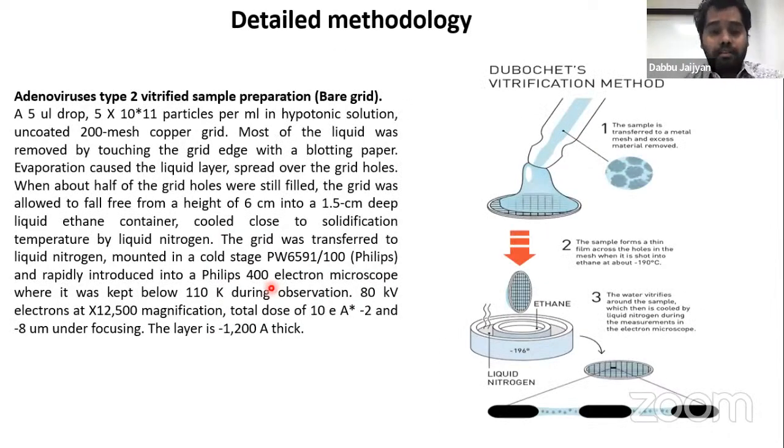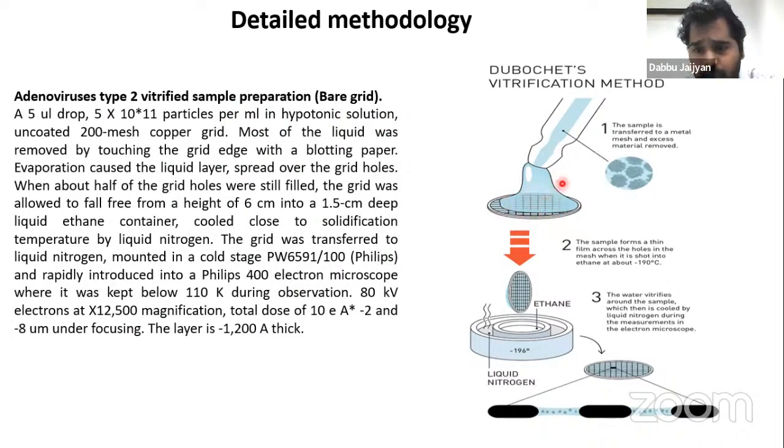In this paper, the authors used adenovirus type 2 vitrified samples. They took around 5 microliters of the sample containing around 5 times 10 to the power 11 particles per ml in hypotonic solution. These samples were applied to the cryo-electron microscopy grids.